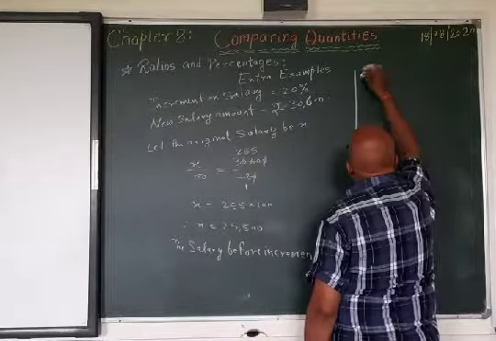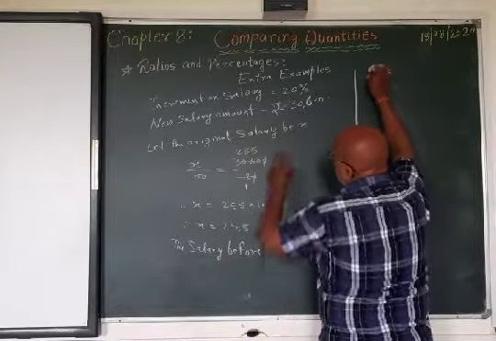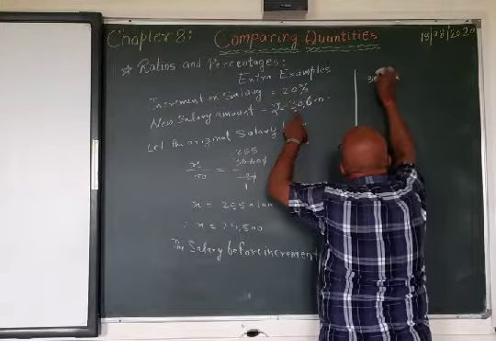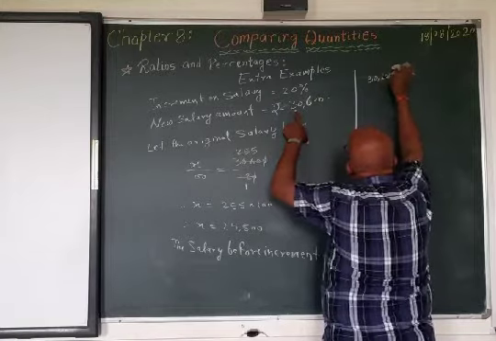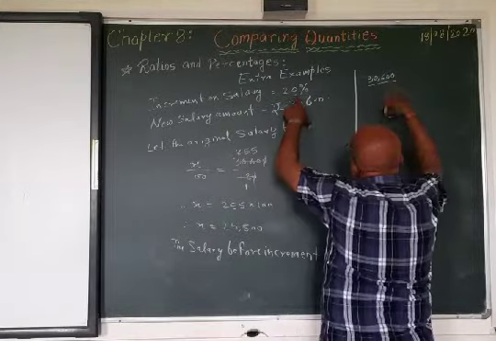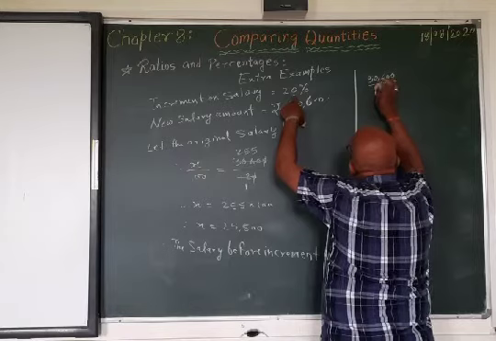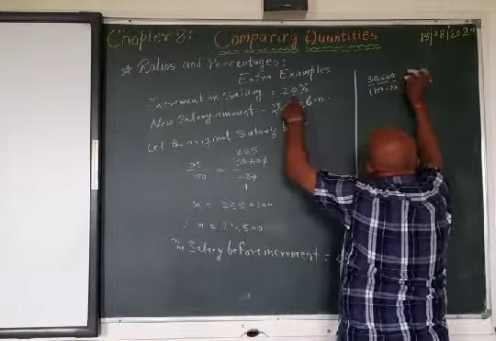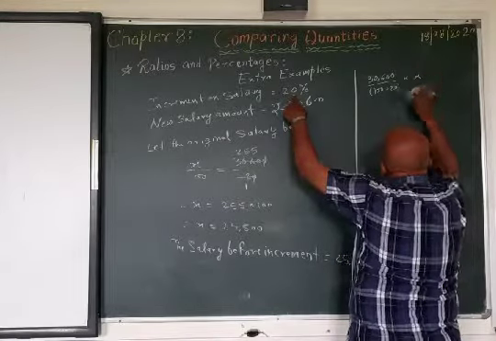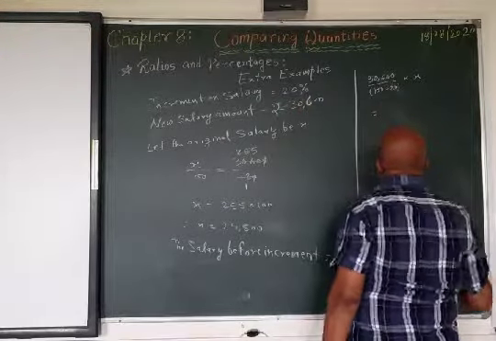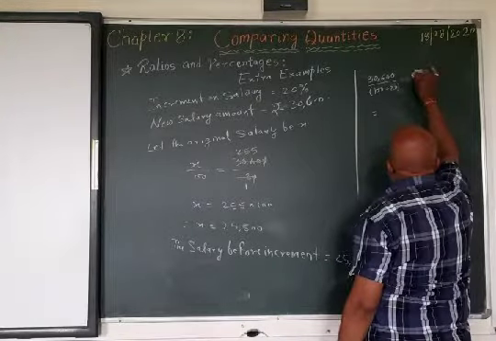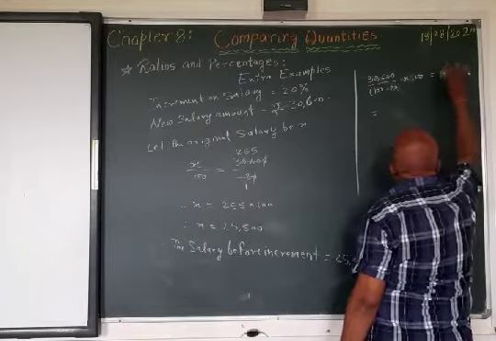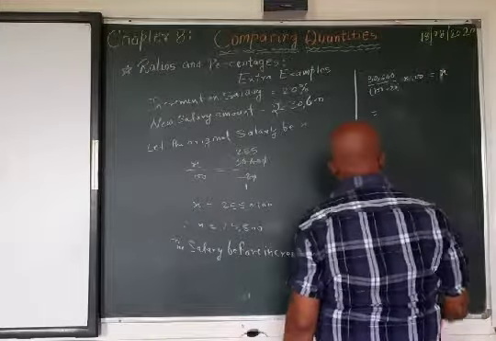Now these can be solved in one more way. How? We can solve this by, now what was the salary? This is 30,600 divided by 100 plus 20, that is 100 plus 20. This is the shortcut method, multiplied by 100 equal to x.